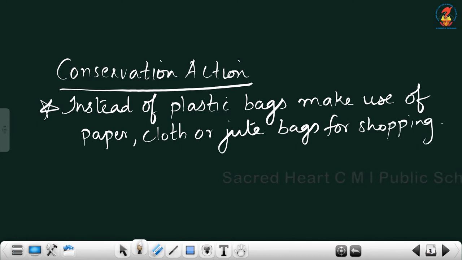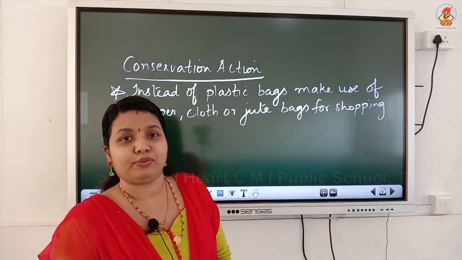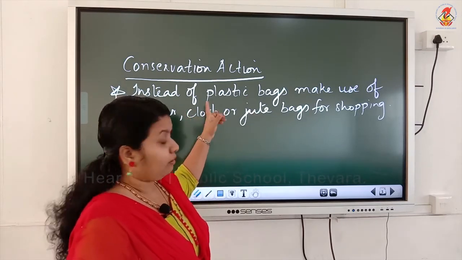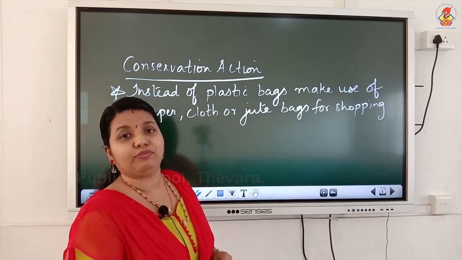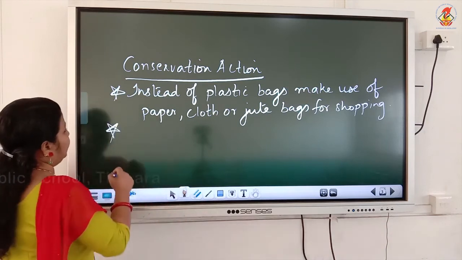Avoid the use of plastic bags as far as possible. Instead of plastic bags, make use of bags made of cotton, paper or cloth. Okay. So avoid plastic bags as far as possible.